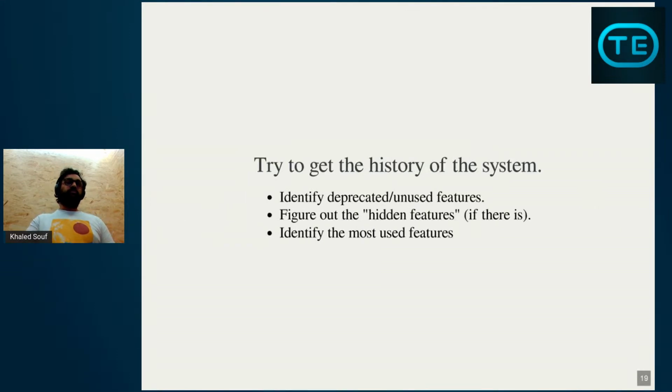After you get everything, now you can have some kind of big picture. Try to make a list of all the features that you have and identify them. Try to figure out if there is maybe some hidden feature that nobody knows about but many users are using. Try to monitor the behavior of the users.